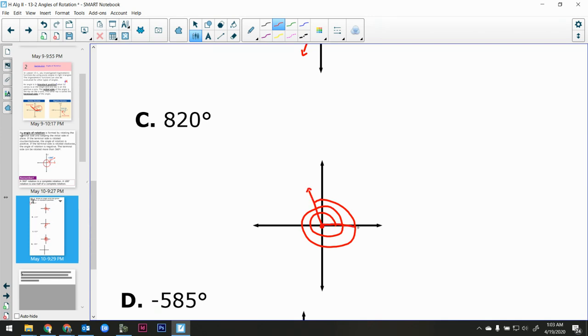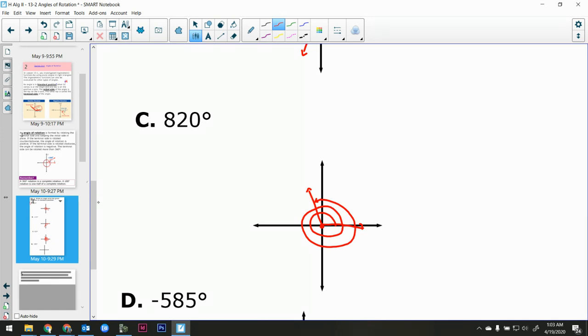Here's my initial side, here's my terminal side. So how did I figure that out? Well, this was 360, add another 360, 720, and then add in 90 more. That gets us 810, 10 more, 820. So it's 10 degrees past the vertical 90.